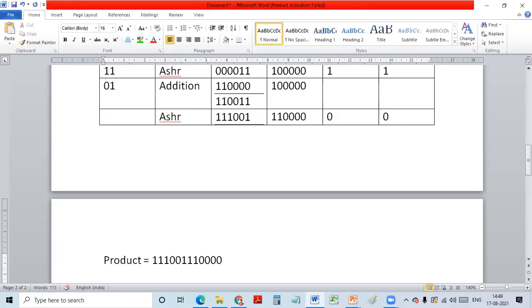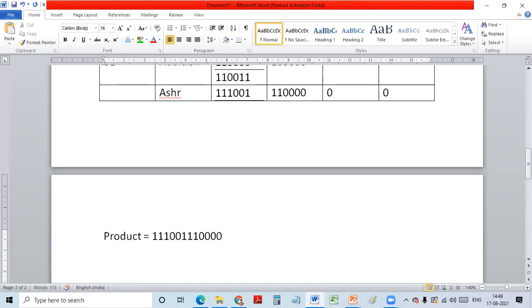By observing the most significant bit, it is clear that the result is negative. So to get its corresponding decimal value, I have to take the 2's complement. 0, 0, 0, 1, 1, 0, 0, 0, 1, 1, 1, 1, then add 1 to it. So 0, 0, 0, 1, 1, 0, 0, 1, 0, 0, 0, 0. So what is this value?